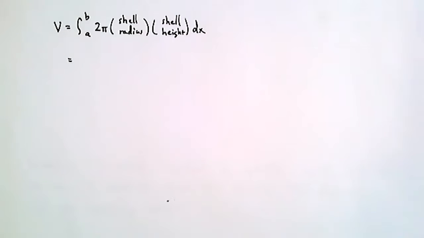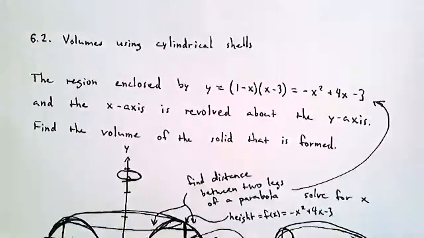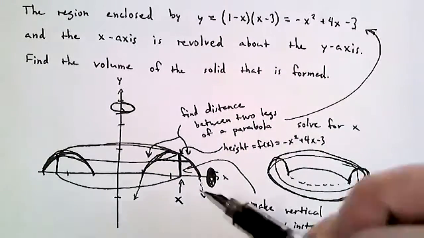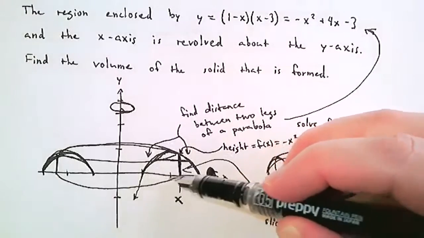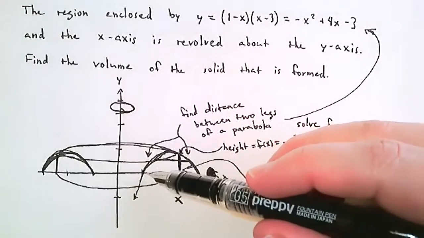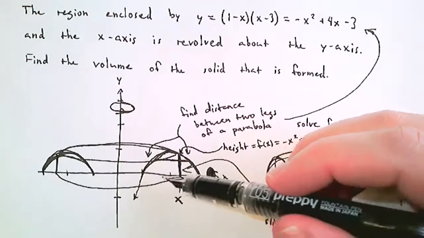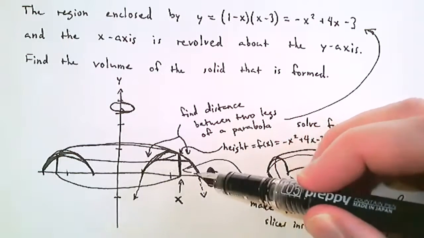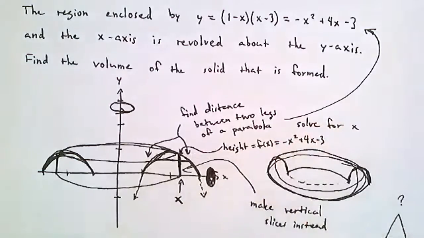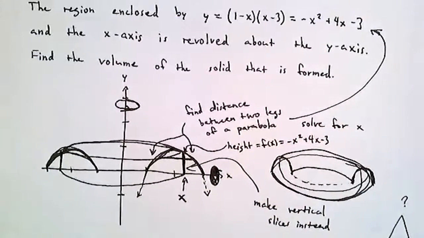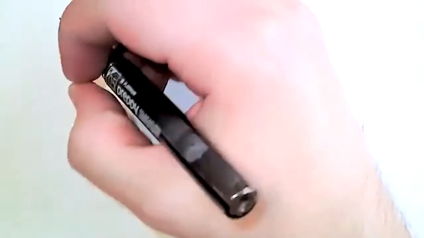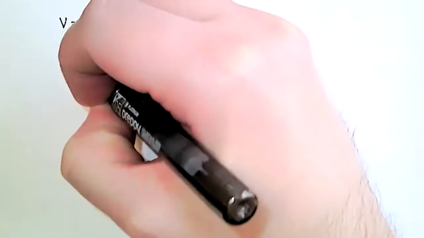Okay, so back to the picture, we need our limits of integration. It's gotten a little bit messy, but we can read it off from my graph that I made. The shape starts at 1 and it ends at 3, this original region that we were looking at. So those will be our limits of integration in this problem.